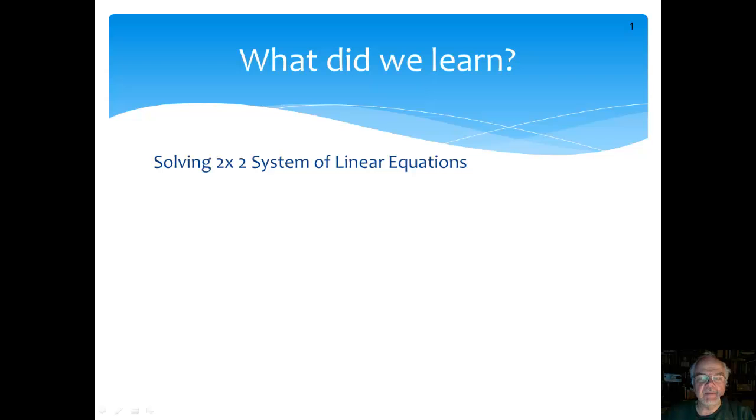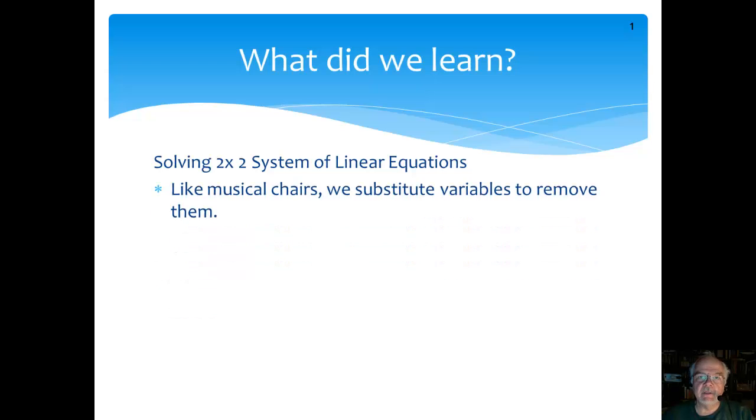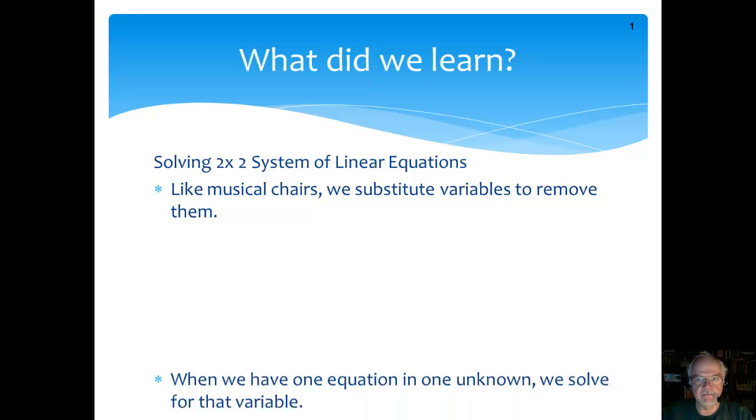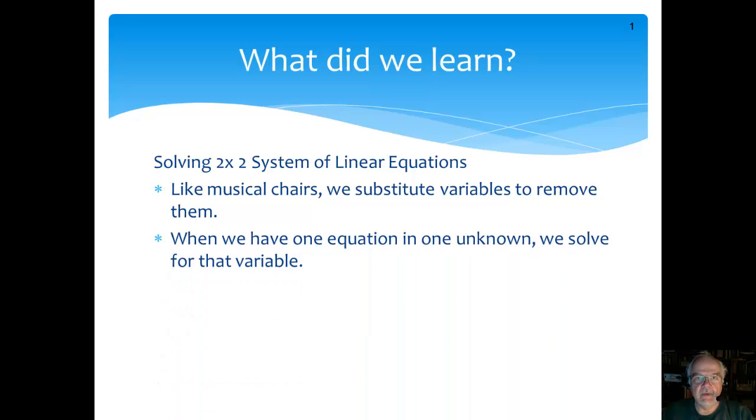Okay, what did we learn today? Well, we learned how to solve a 2x2 system of equations by substitution. And we learned that it's like musical chairs. The object of the technique is to eliminate variables by substituting in their equivalents. And we end up eventually like the two people vying for one seat.